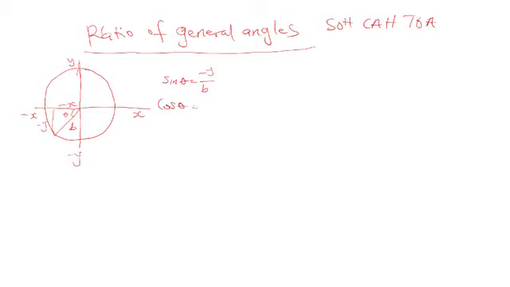Cos theta is adjacent over hypotenuse, which is minus x over b, and tan theta is opposite, minus y, all over adjacent, minus x. So minus over minus gives plus. In this quadrant, it's only tan theta that assumes a positive value, and every other function has a negative value.